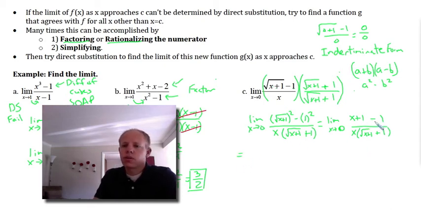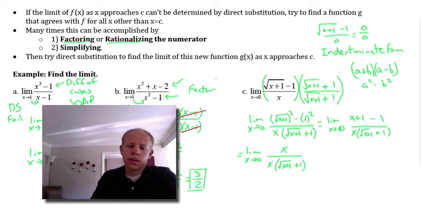Okay, and you can see here plus 1 minus 1, so that's going to be gone. I know it's a hassle, but we're going to write the limit as x approaches 0. And so our numerator, we're left with x. And hopefully you can see here that we can cancel out our x's.